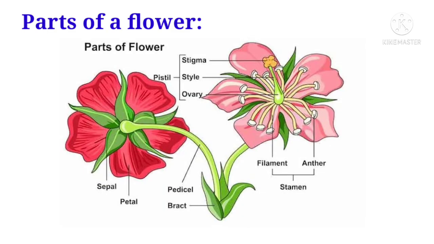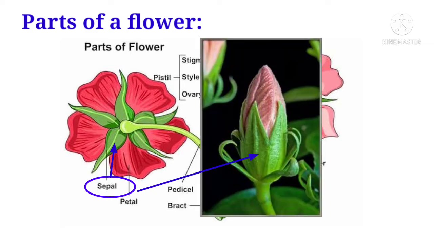Parts of a flower. The important parts of a flower are sepals, petals, stamen, and pistil. Sepals look like green leaves at the bottom of the flower.